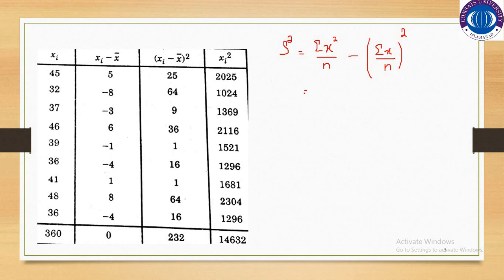So what we will get, this would be equal to summation x square. This is the column of x square. This one is 45 square, 32 square, 37 square.